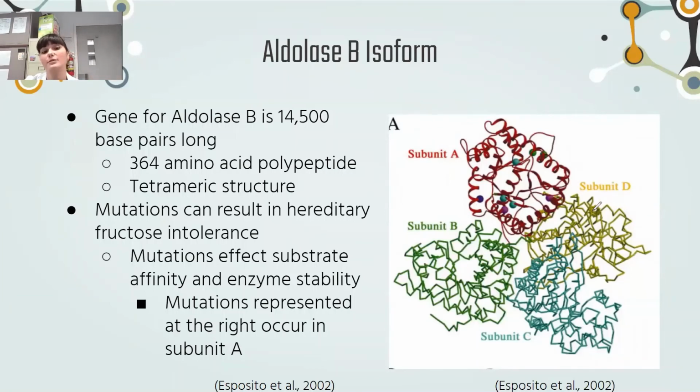If you have mutations in aldolase B, it can actually result in hereditary fructose intolerance, the inability to process fructose. The reason that happens is because those mutations are going to affect substrate affinity and enzyme stability.